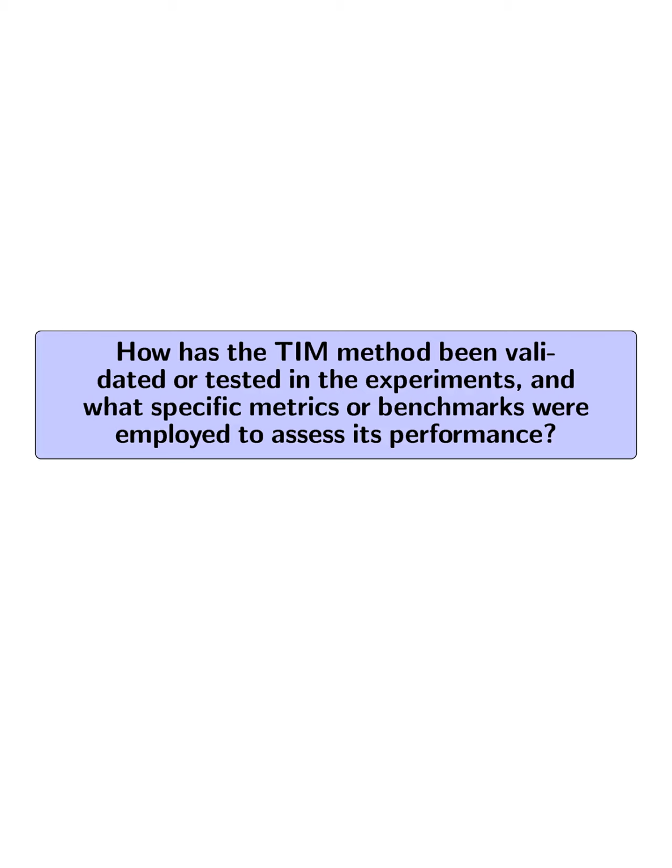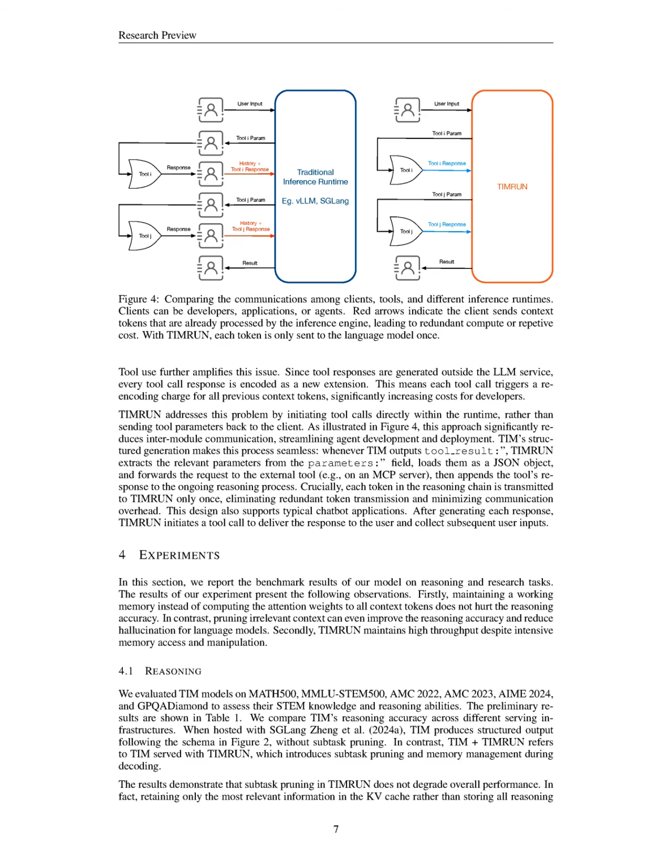How has the TIM method been validated or tested in the experiments, and what specific metrics or benchmarks were employed to assess its performance? The TIM method has been validated through a series of experiments that assessed its performance on various benchmarks, including Math 500, MMLU STEM 500, AMC 2022, AMC 2023, AIME 2024, and GPQA Diamond, which evaluate STEM knowledge and reasoning abilities.